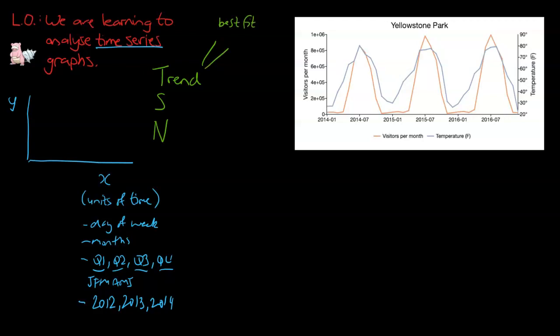And really you're checking if you look at the start and finish points, you'll be able to make a determination. Is it on average increasing over time or is it on average decreasing over time? So if we have a look at our Yellowstone National Park, you can kind of see, if you look at these peaks over here, this is a good indicator for me.